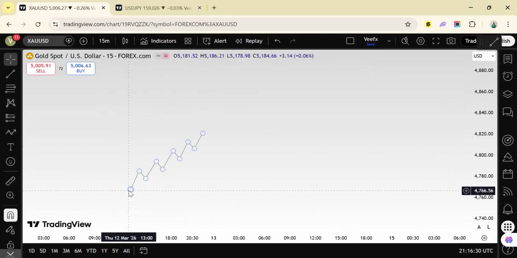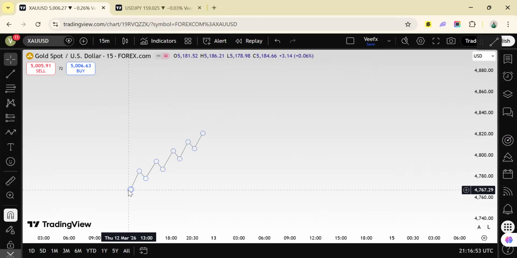Now, this zone or point that you see here is what we call an order block. To understand market structure, you will need to know what order blocks are. Now, what is an order block?